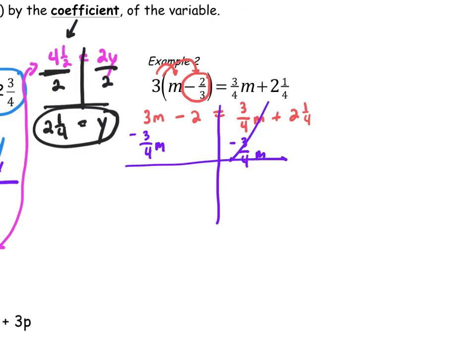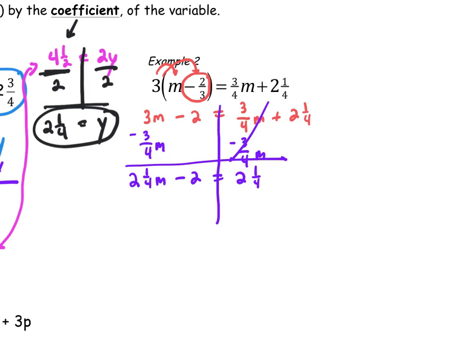So it eliminates over here, but if you use your calculator or your logic and take 3m minus 3/4, we should have 2 1/4 m, and then we drop down minus 2 on this side. This is eliminated, and on the other side we have 2 1/4.